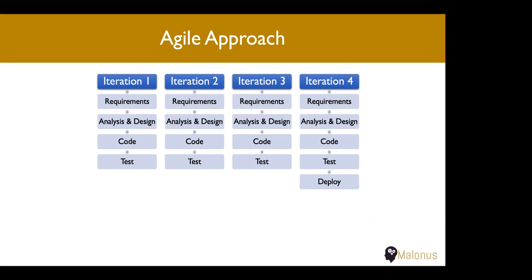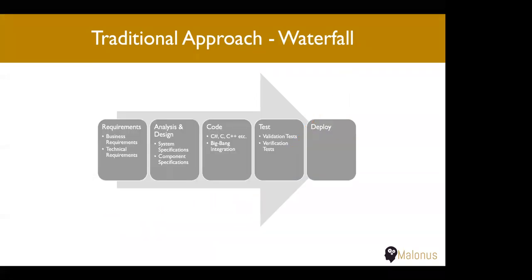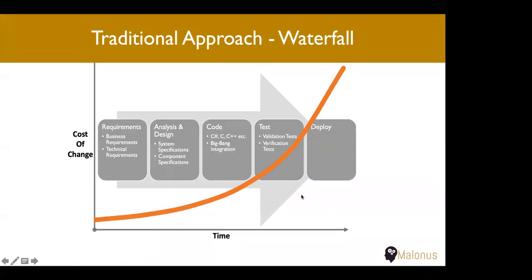In that sense, the idea of having a large amount of risk towards the end, which we showed in the previous slide, where you see that the risk is very high towards the end, in the iterative approach becomes quite low.